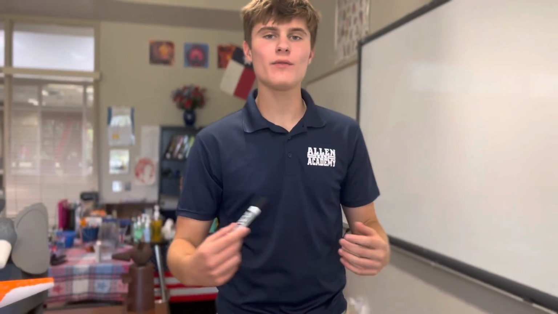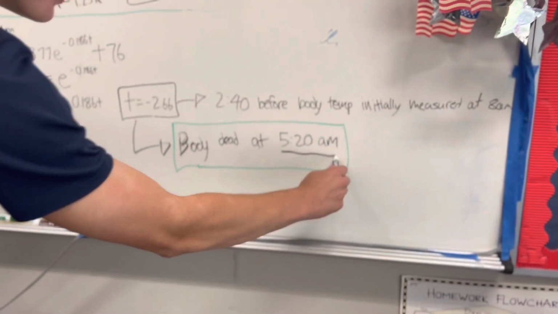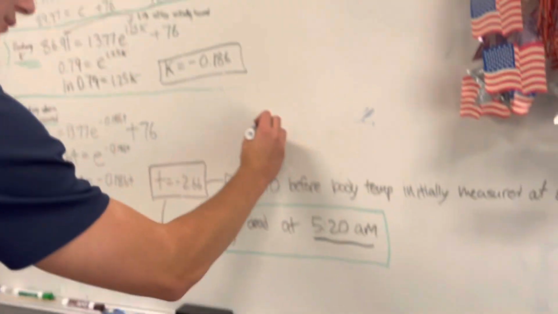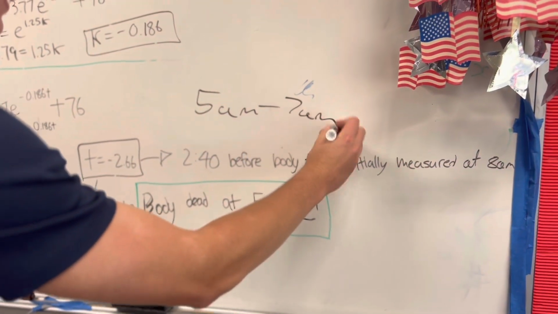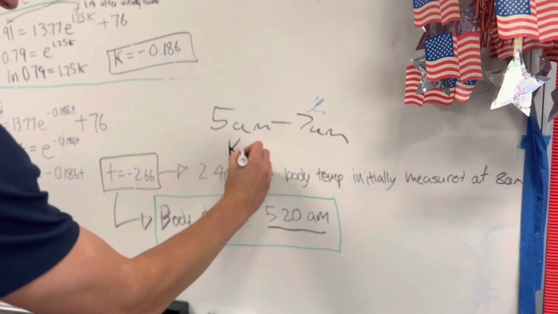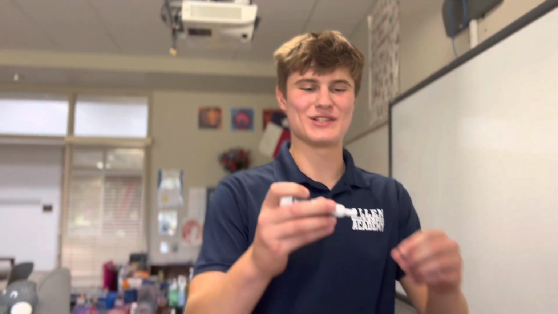So, after collecting all of our data from our interviews, we've come to the conclusion that since Miss Hanover died at 5:20 a.m. and the only alibi that rests within that time from 5 a.m. to 7 a.m. is Kendall Hanover, we're going to arrest her right now. Now we're going to go arrest the culprit.